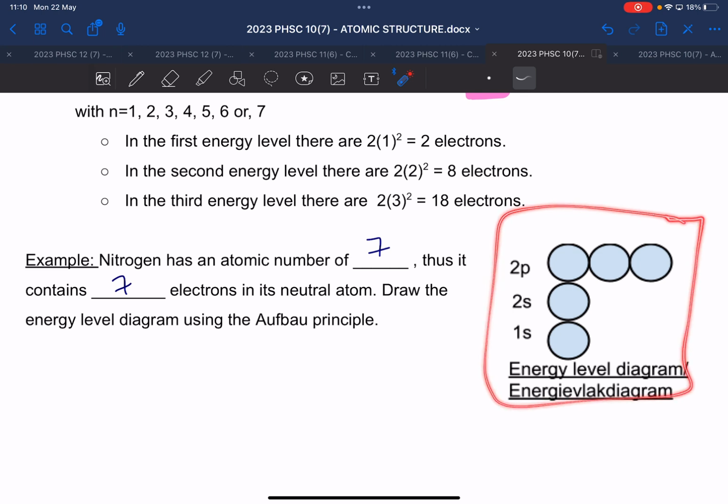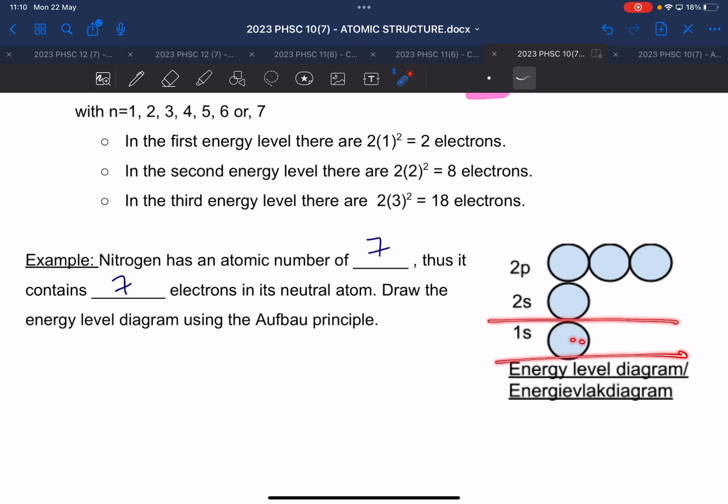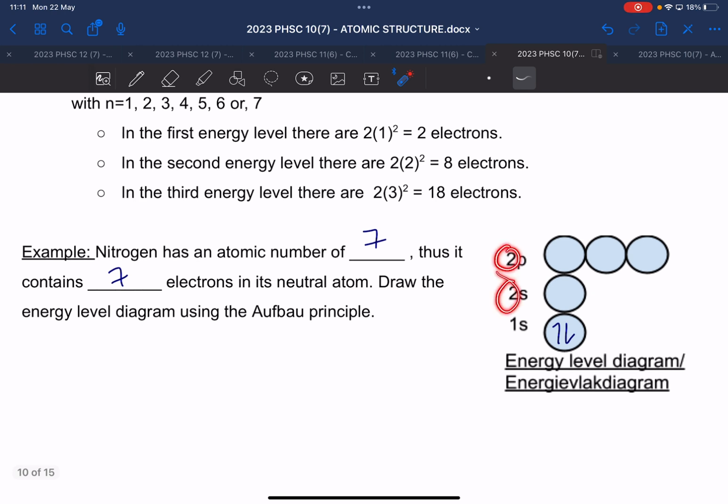You're going to start at the bottom, and in the first energy level there's only 1 s orbital. It's going to have 2 electrons. Now we're left with 5 electrons, because it had 7 and we already filled in 2. Then in the second energy level, we need to fill in the 5.